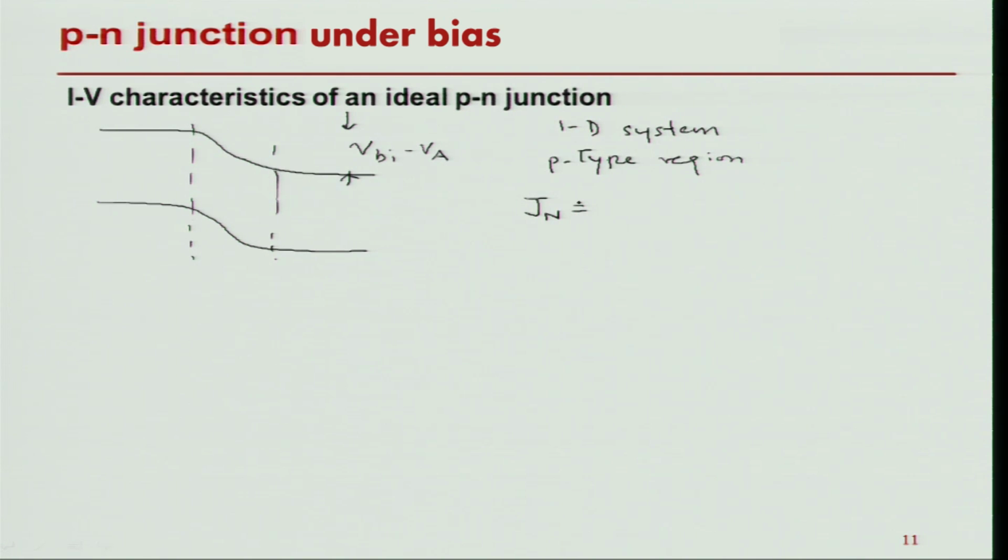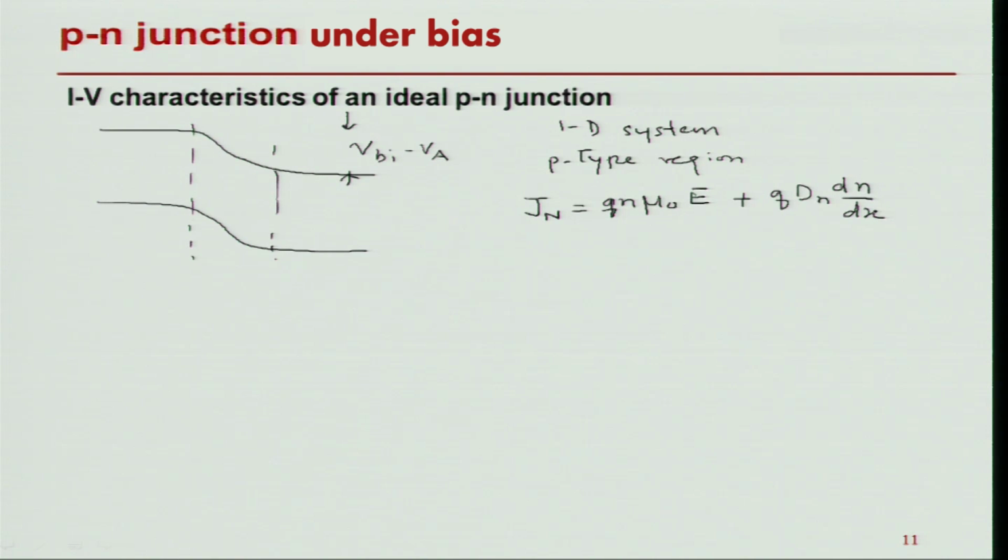So, if I am looking at the electron current here, it is going to be given by what? The drift component, which is given by Q times the concentration times the mobility of electrons times the field, plus the diffusion constant for the electron and its concentration gradient. This is the 1D equation for the current in the P type.